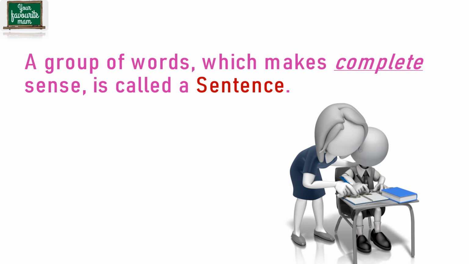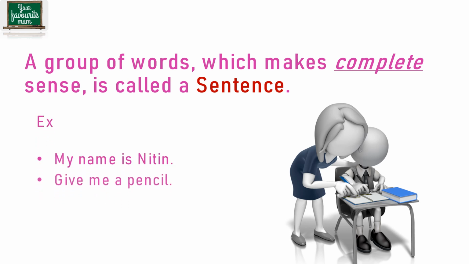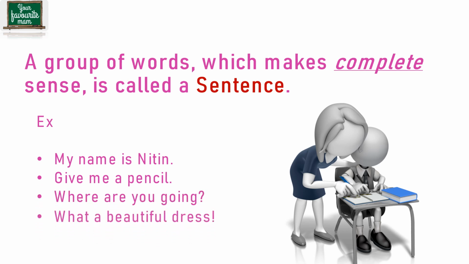Thus, a group of words which makes complete sense is called a sentence. Example, my name is Nitin. Give me a pencil. Where are you going? What a beautiful dress. Close the door. The sentence is a group of words that makes a complete sense.